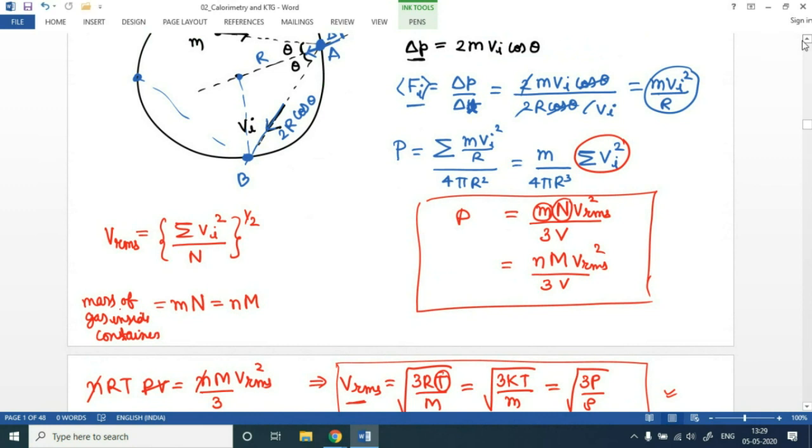We will also look into degrees of freedom of a gas molecule, the law of equipartition of energy, and we will define the internal energy of a gas. But since we are running out of time in this class, I'm not going to start that right now. I will be covering that in the next class.